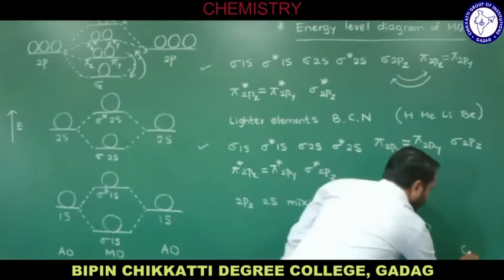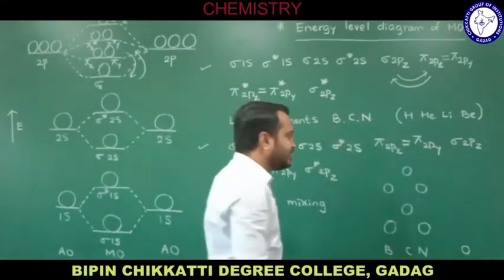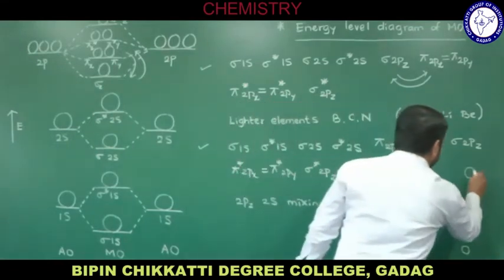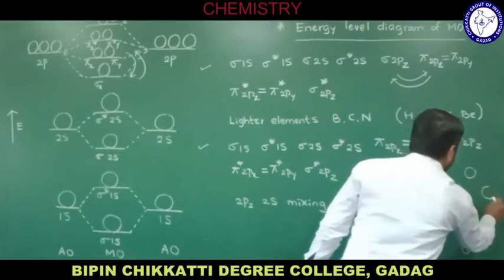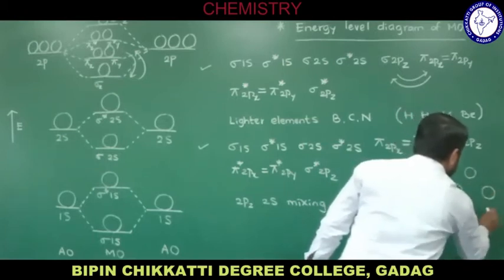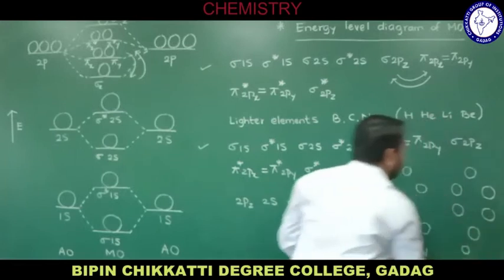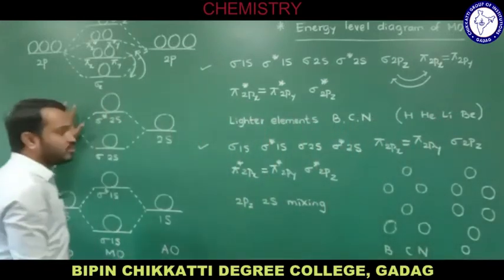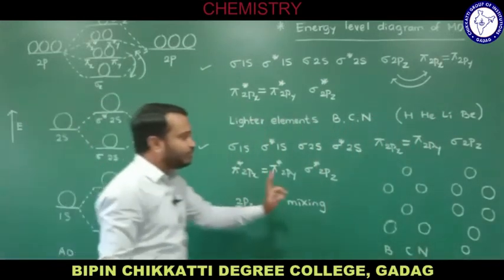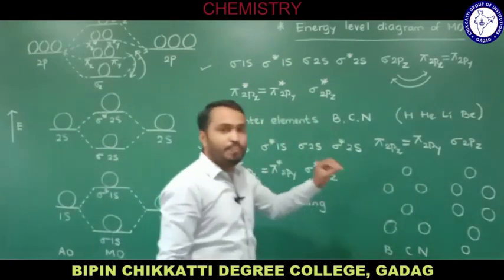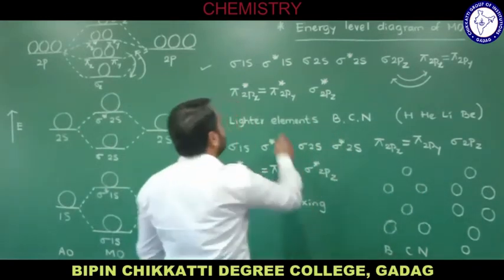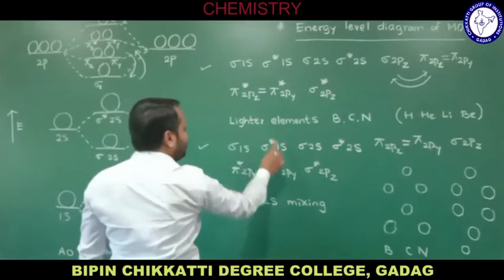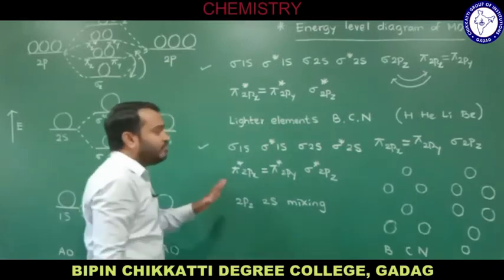If you consider oxygen, neon and all these things, in that case we need to consider the molecular orbitals in this fashion, same as the molecular orbital structure what I have done. So you need to remember how to draw the 2p atomic orbitals. In general for lighter elements you need to consider the energy level in this structure.